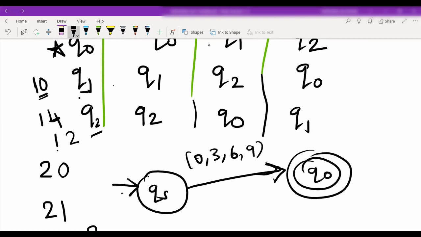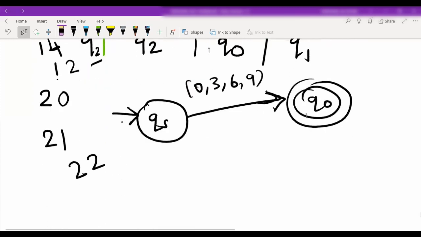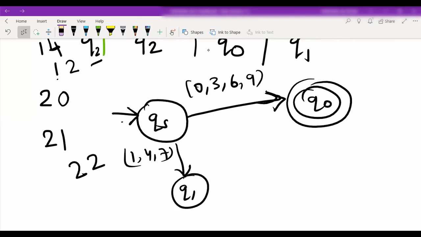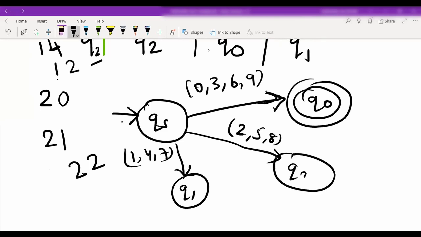The final state has to be a double circle. Now QS on 1, 4, 7 goes to the Q1 state, which we have to mark. QS on 2, 5, 8 goes to the Q2 state, which is a non-final state.